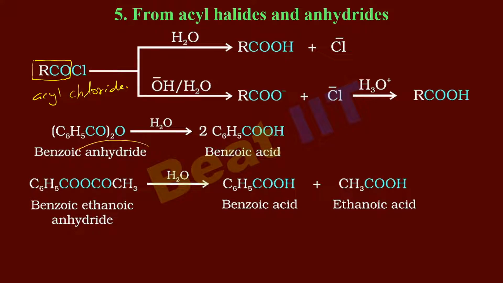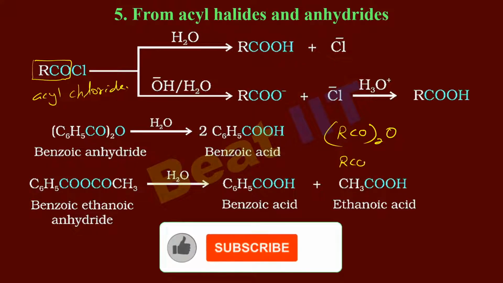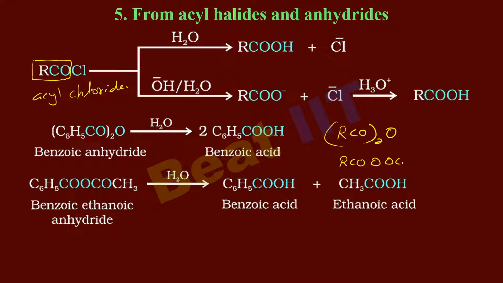Here also, this is an anhydride. Anhydrides are of this type, RCO whole twice O. Or if you don't have the same R in both, it can be RCO, then O, and then another RCO, written COR dash. So this is one acyl group, this is another acyl group. Two acyl groups around oxygen is known as an anhydride.